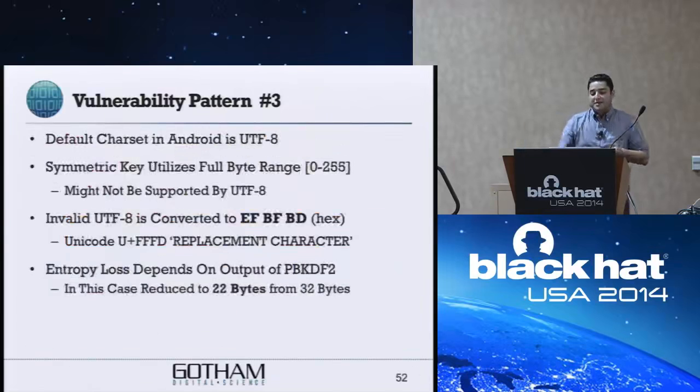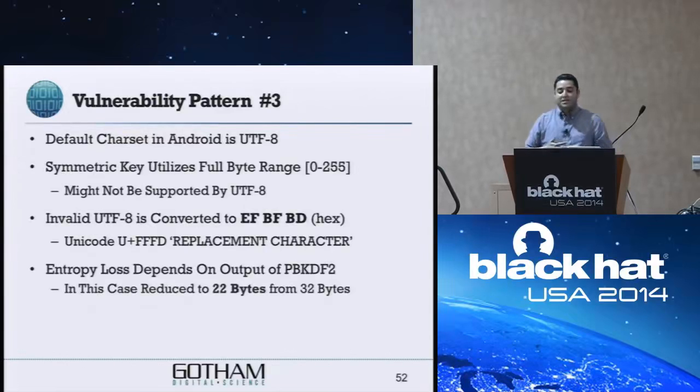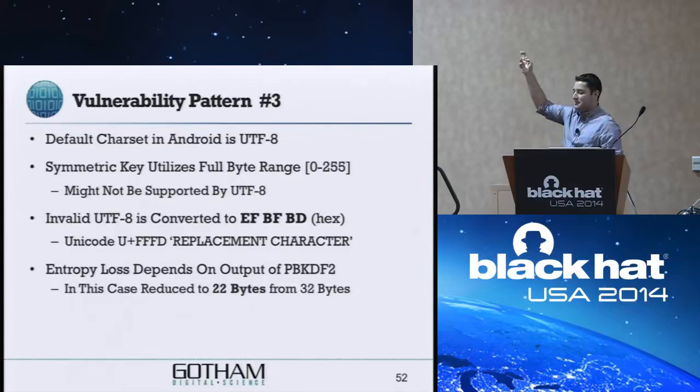For Android, and this applies to pretty much anything, the default charset is UTF-8. So a lot of the byte values coming out are not going to be supported by UTF-8. So it's like, oh, I don't support this character, I'm just going to assign this new one, the replacement char, and that's EFBFBD.